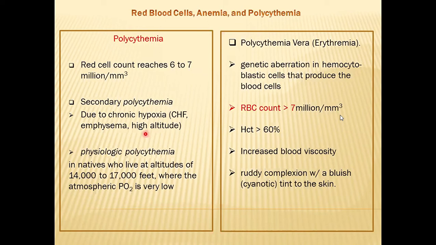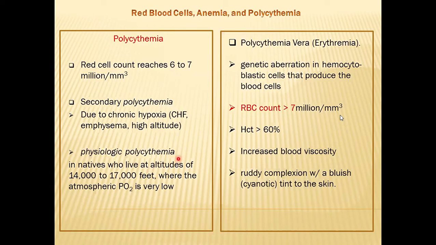Then physiologic polycythemia is native to those who live at high altitude, between 14,000 to 17,000 feet, where the atmospheric pressure is very low, oxygen pressure is low. So those living in the highlands of Nepal, Tibet, the mountains, Kathmandu, they will have this.